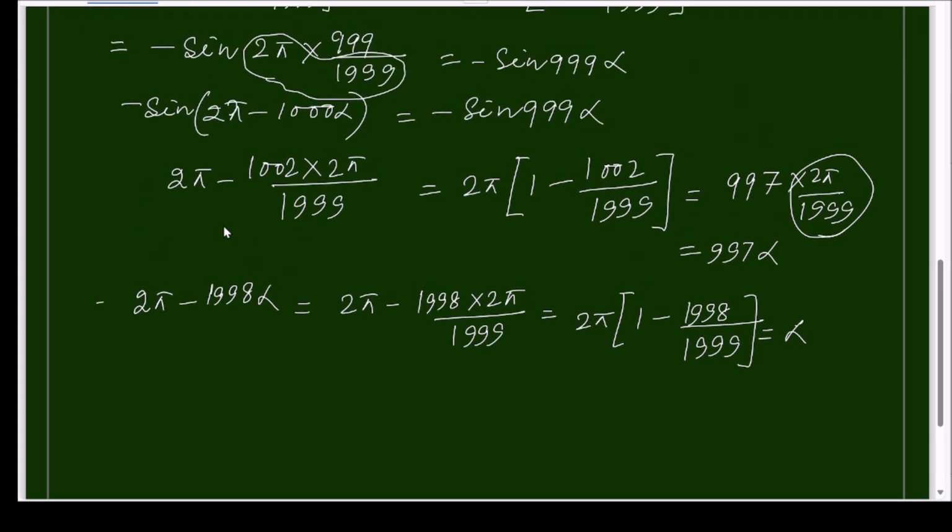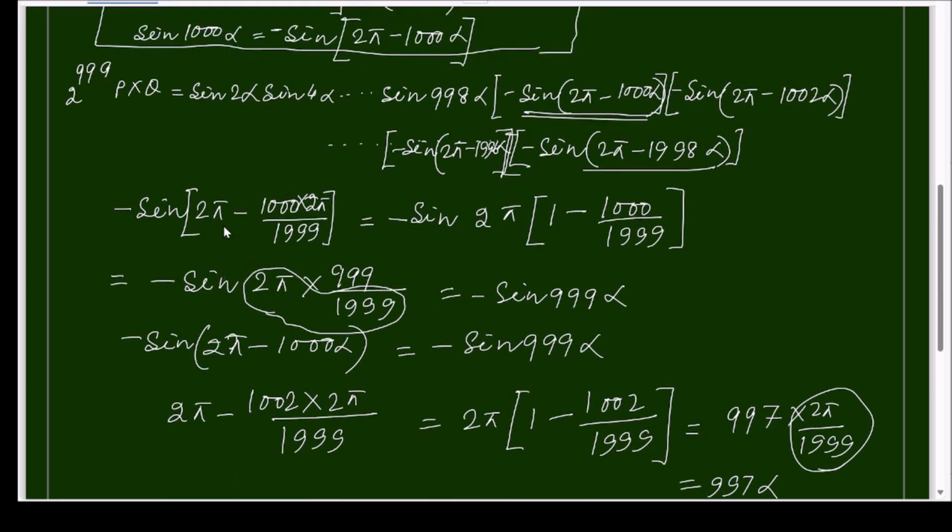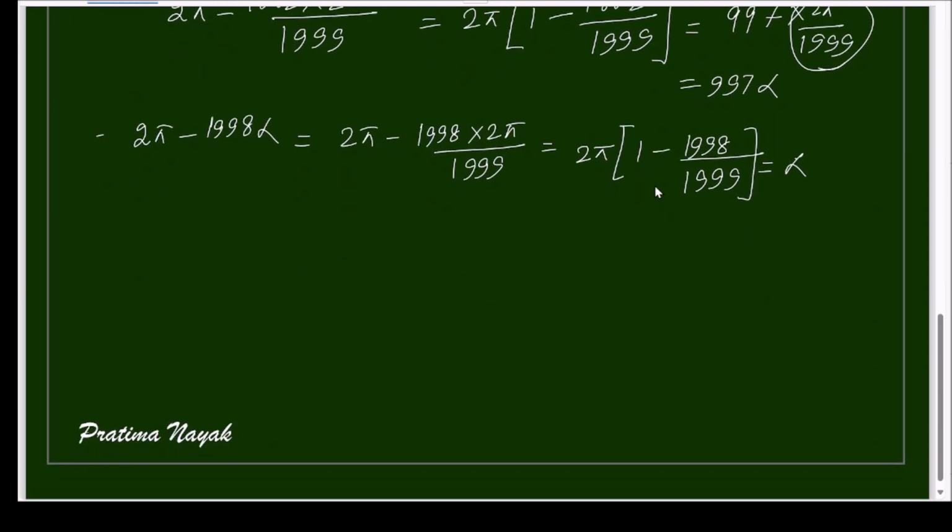So writing the whole thing now, this will be sine 999, 997, so on, last will be alpha. So 2 to the power 999 p times q is equal to sine twice alpha, sine 4 times alpha, up to sine 998 alpha.